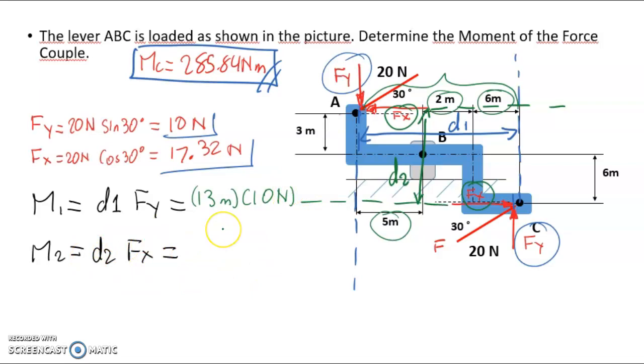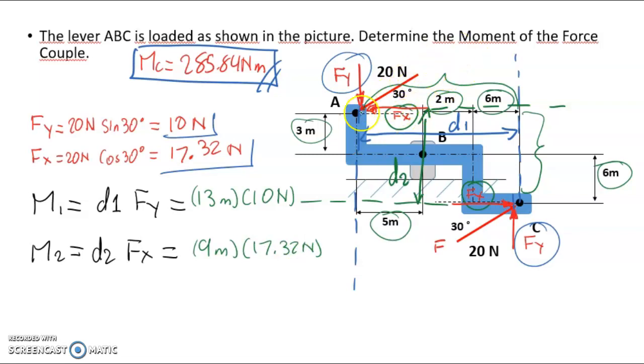For the moment 2, we have to work with distance 2. Distance 2 is going to be this distance. That will include 3 and 6. That means we'll have 9 meters times 17.32 newtons.